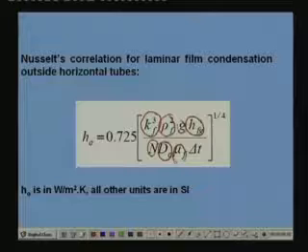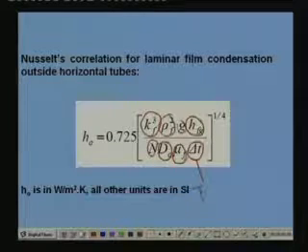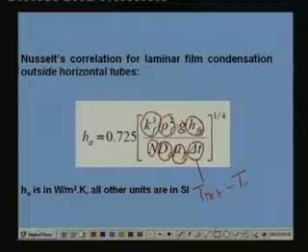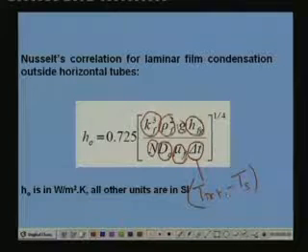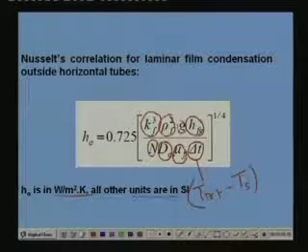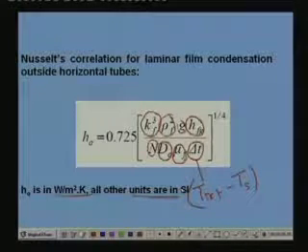Mu f is the viscosity of the saturated liquid, and delta T is the temperature difference between the refrigerant and the wall surface. Here H naught is in watt per meter square Kelvin, and all other units are in SI, so you have to be careful while using the units.